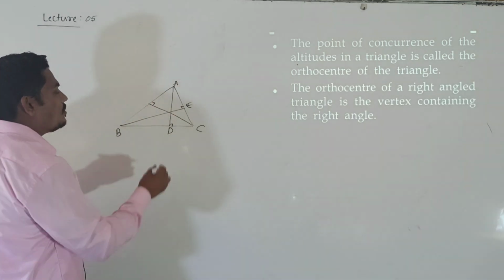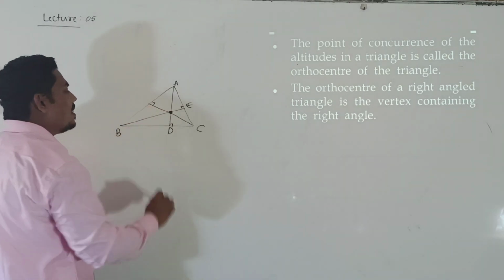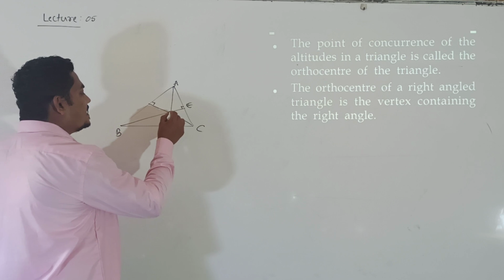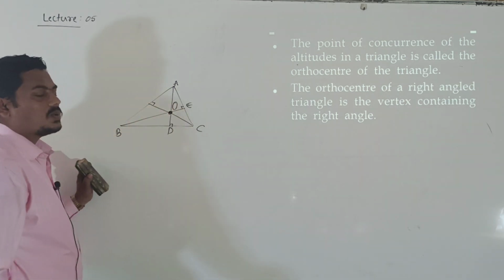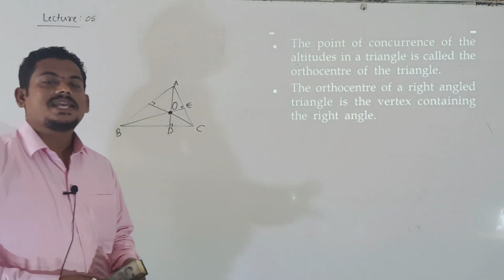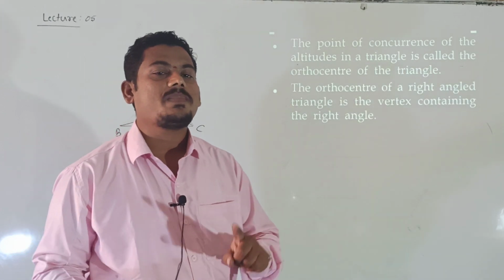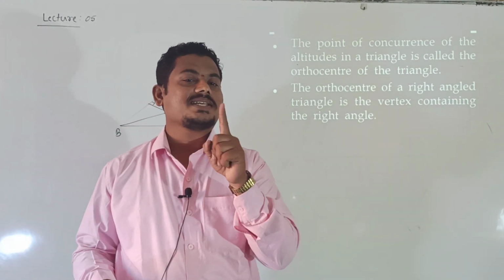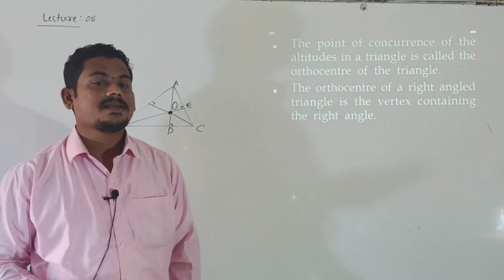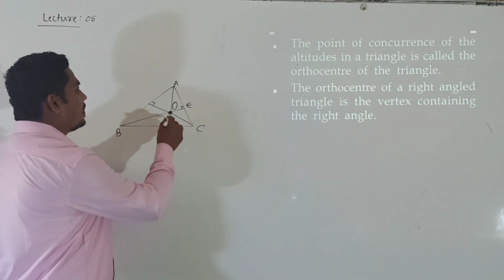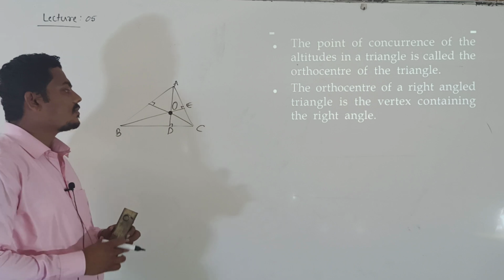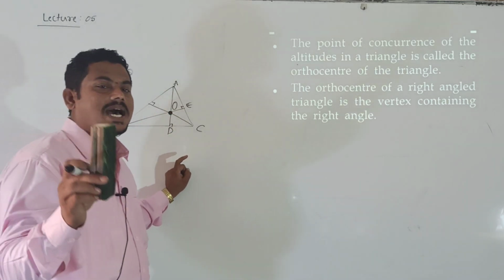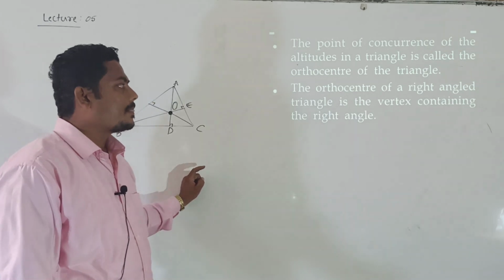Then the point of intersection of altitudes is known as orthocenter. This is the orthocenter denoted with O. What is the orthocenter of the triangle? The point of intersection of altitudes of the triangle is known as orthocenter. The point of intersection of medians is known as centroid, right? The point of intersection of altitudes is known as orthocenter.